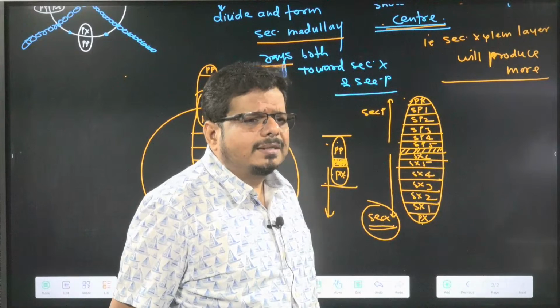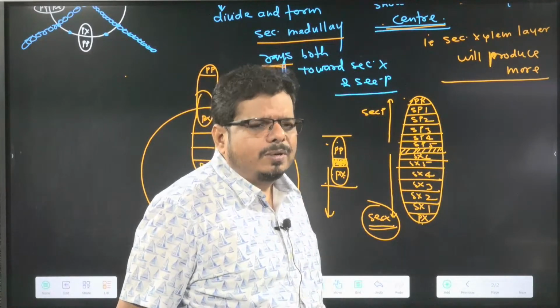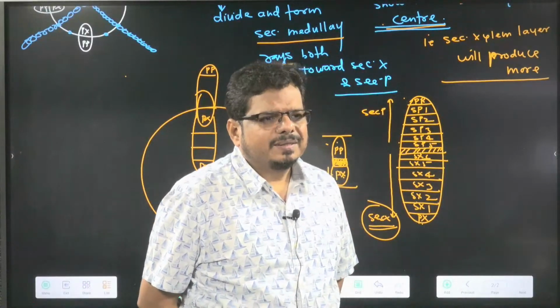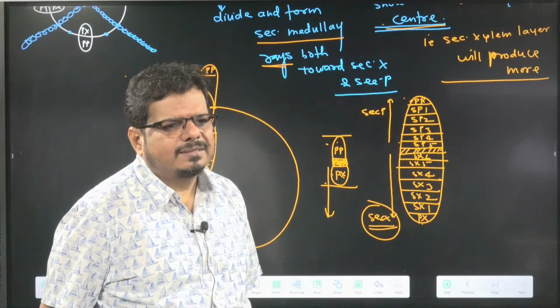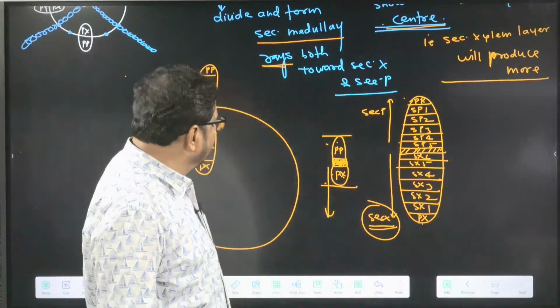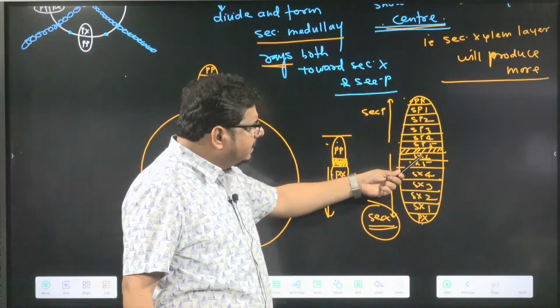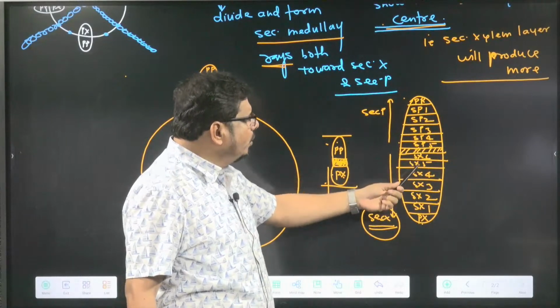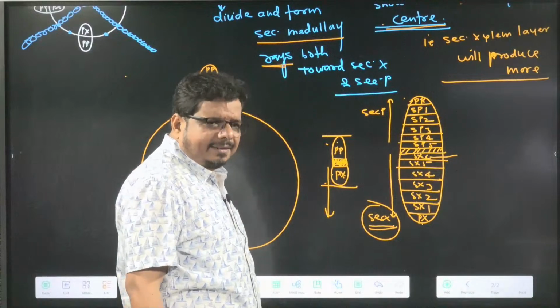Who is toward the cambium, the oldest secondary xylem or the newest secondary xylem layer? The newest secondary xylem. The older one is pushed away and the newer one is present near the cambium. So who is the newest here? Secondary xylem 6.